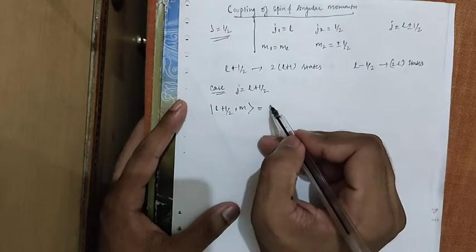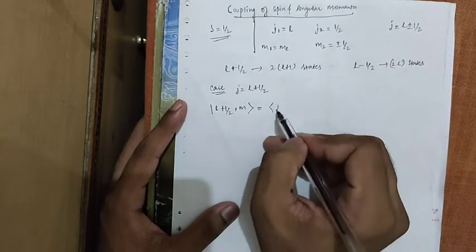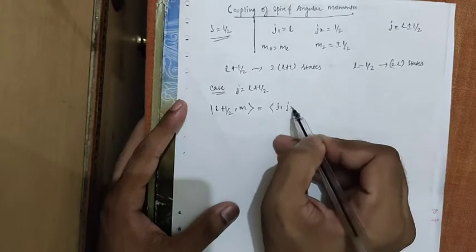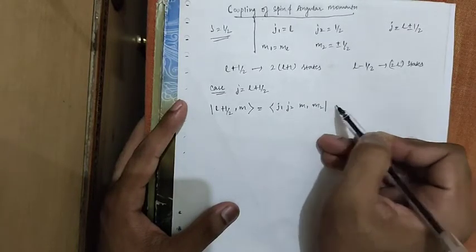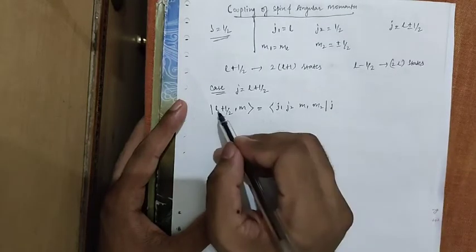The jm state can be written in terms of the CG coefficients, j1 j2 m1 m2, where jm here is L plus half.